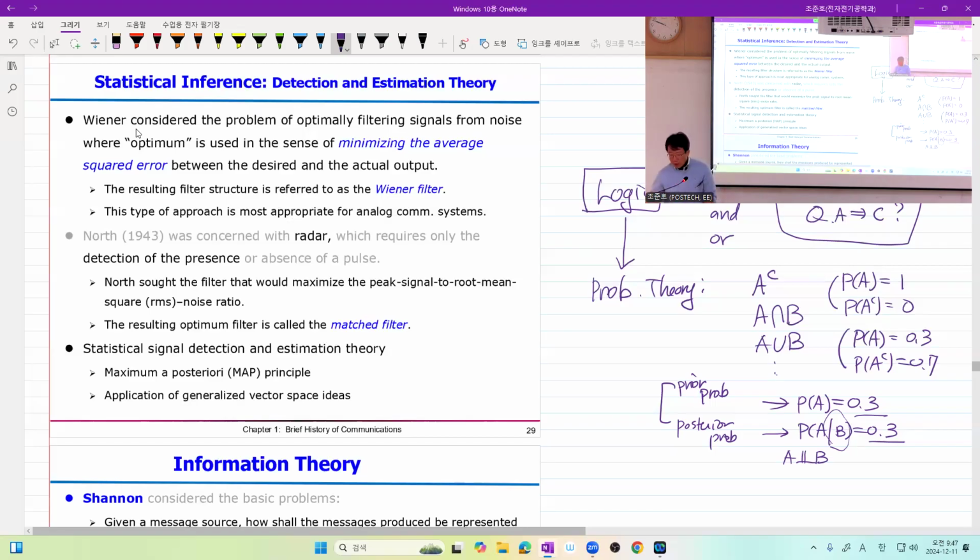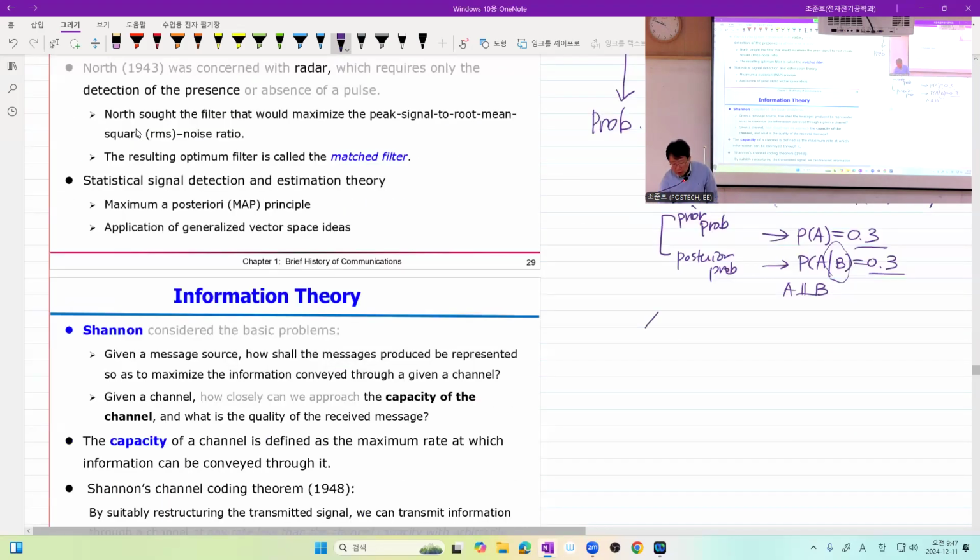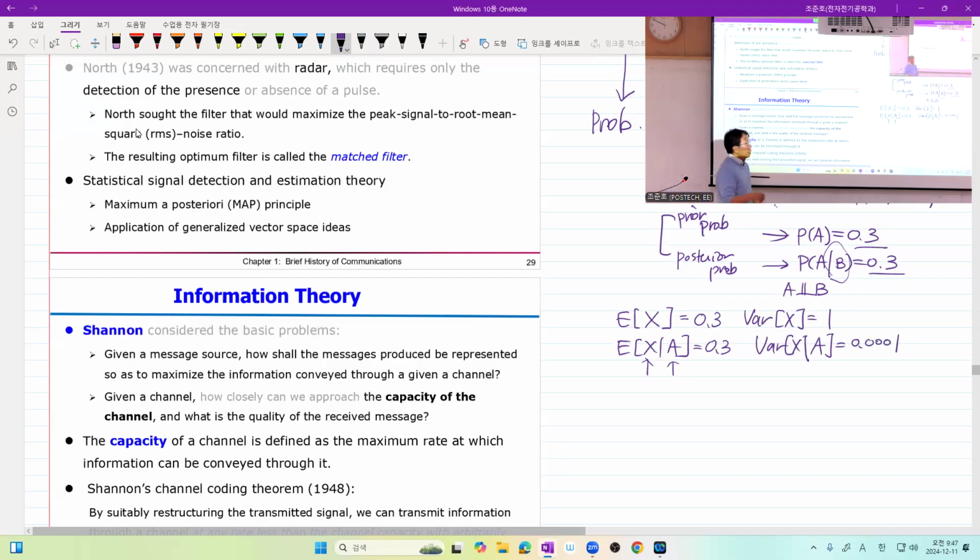And also sometimes what you want to do is like this. We want to find out the expected value of some quantity. Before observing some event, this is 0.3 and variance is 1, for example. But if you observe some event, by the way, this is a random variable and this is an event. After the observation of event A, you have the conditional expectation, the same, but the variance is a lot reduced.